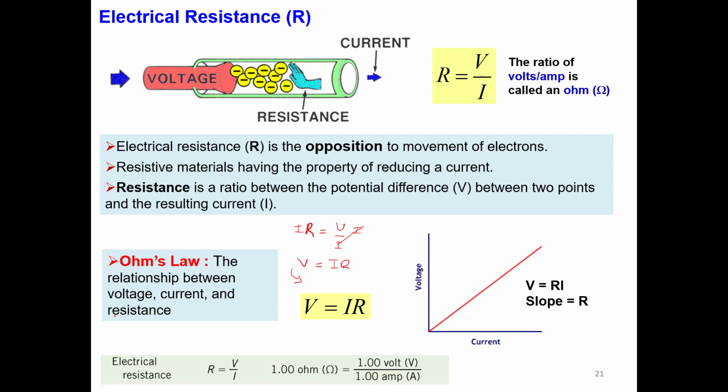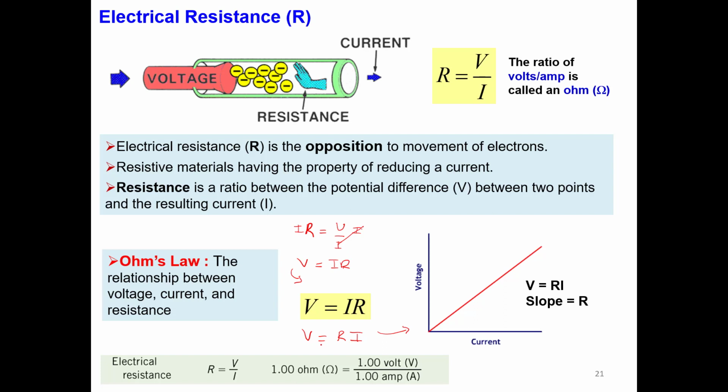Now I want to discuss this graph here, voltage versus current. What happens if we rewrite this equation, it's the same thing, we just change the order of the factors, so we have basically the same equation.